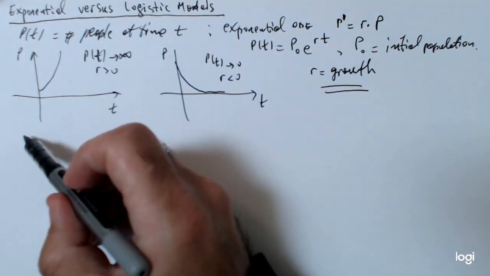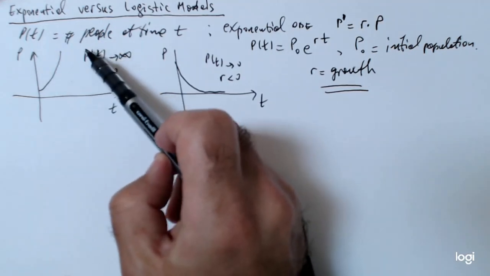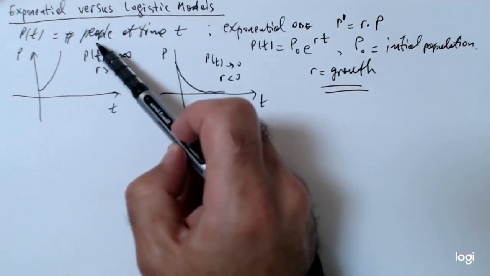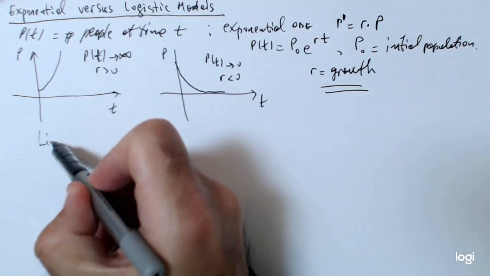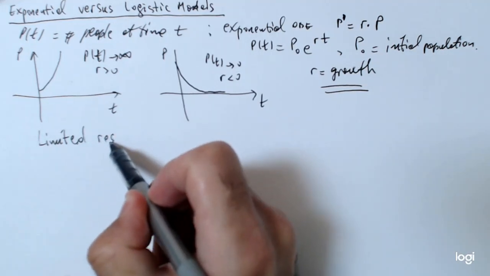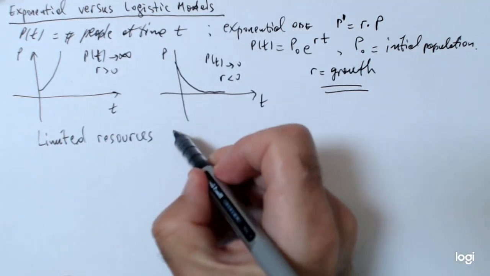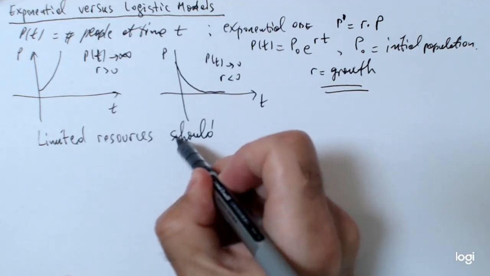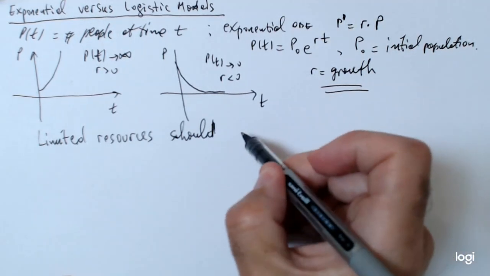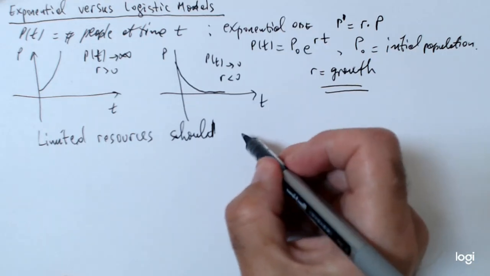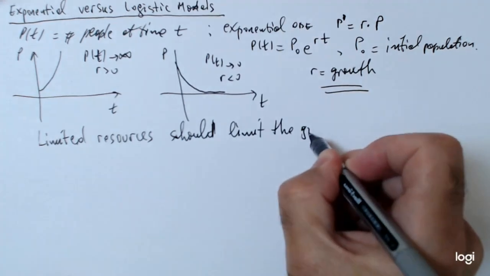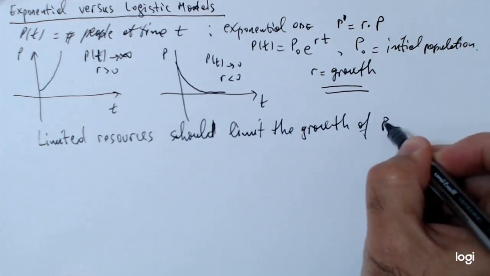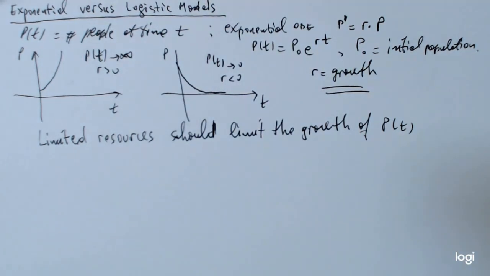But it's easy to understand that no matter what population you're talking about, whether human population or animal population or plants, at some point limited resources, and I'm using this word very generally, should stop the population growth at some point, or should limit the growth of P of t. So something has to happen in the model to indicate that the population cannot grow indefinitely.